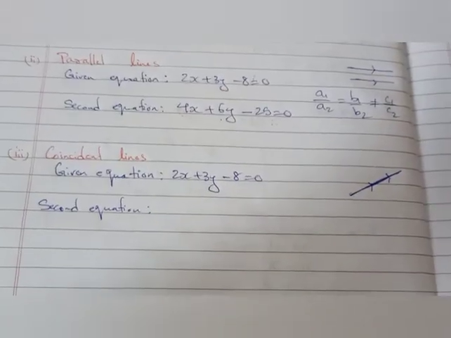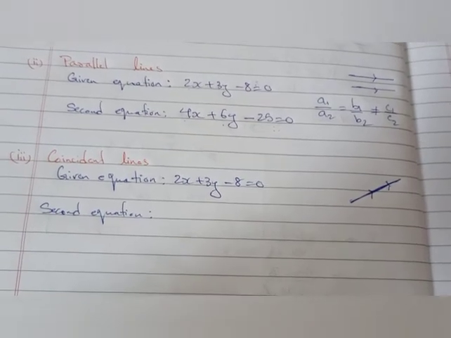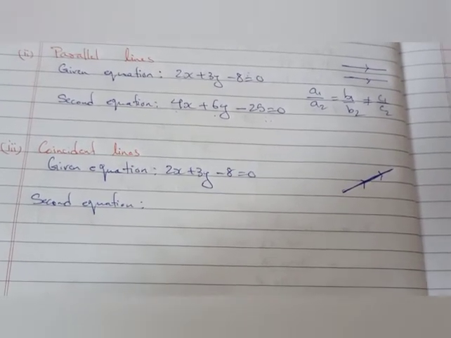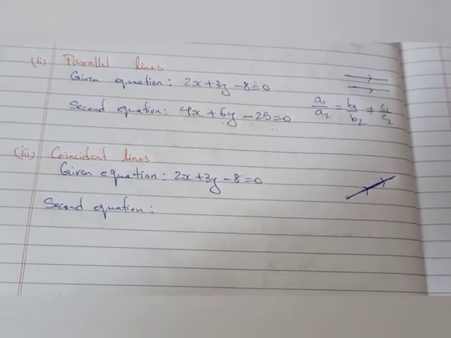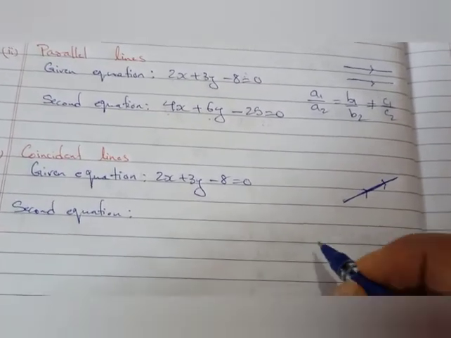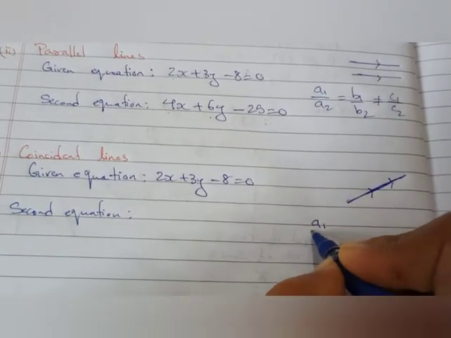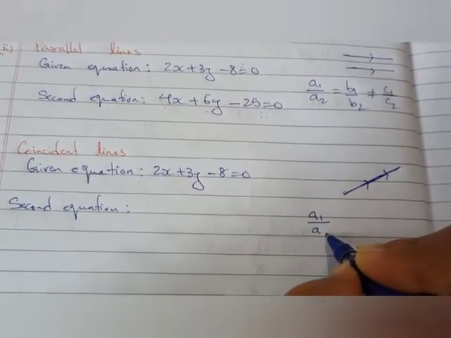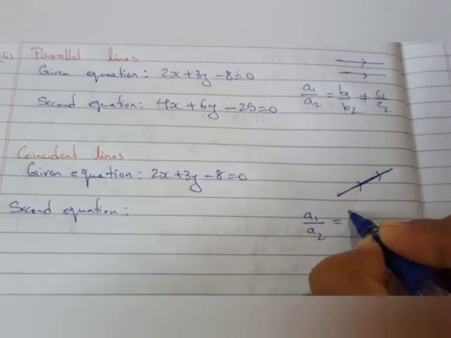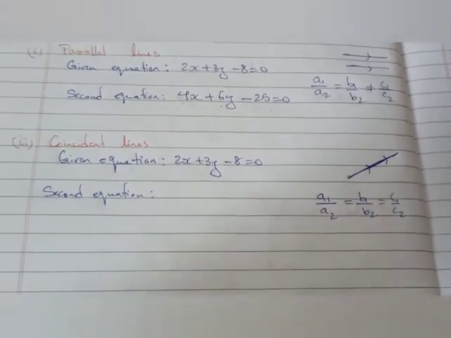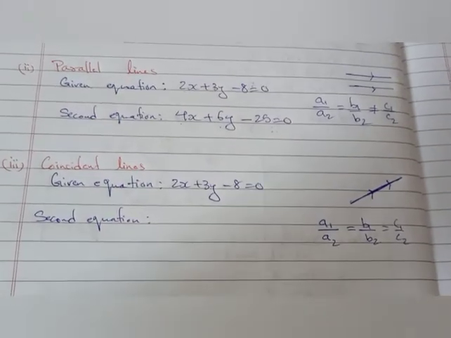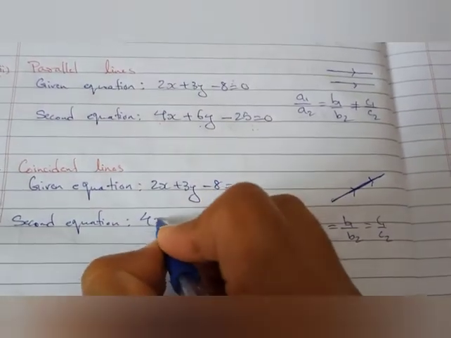Now finally, for coincident lines or infinitely many solutions, we know the fact that both the equations must be same. That is, one equation has been multiplied by some constant. So for coincident lines or equations having infinitely many solutions, the ratio of a1 by a2, b1 by b2 and c1 by c2, they all should be equal. So in this case, let's write our second equation as 4x plus 6y.